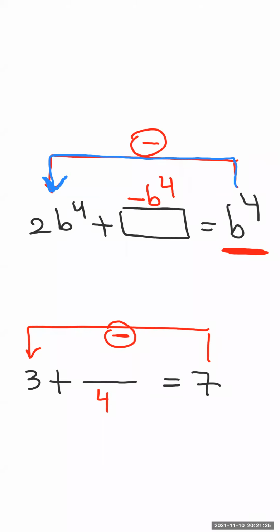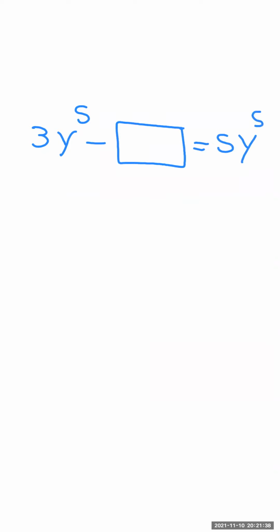Okay, one more question. 3y to the power 5 minus a value equals 5y to the power 5. So if there is a question with simple numbers like that, 7 minus number equals 2, of course I have to write 5, right?